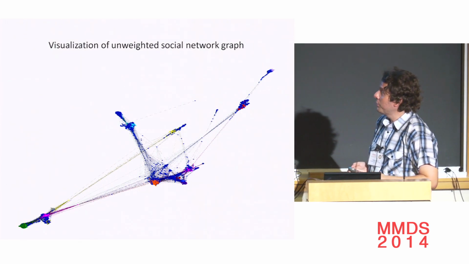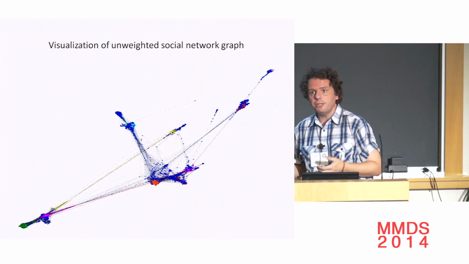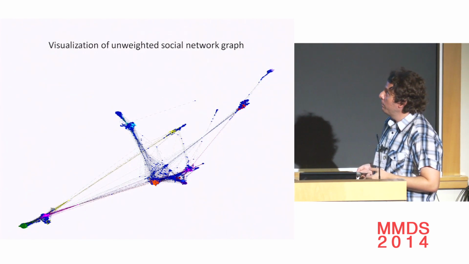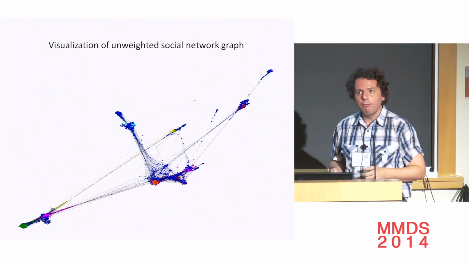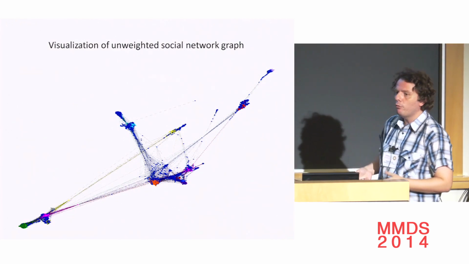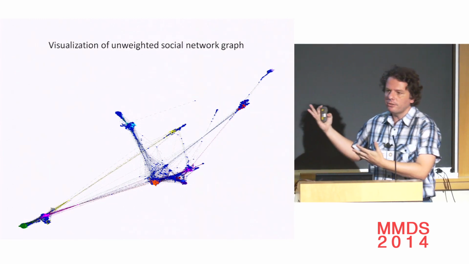And just as an example, by computing these so-called effective resistances, we were able to improve the visualization of certain graphs. So this is a real network graph where you feed it into a standard plotting tool and you get this.